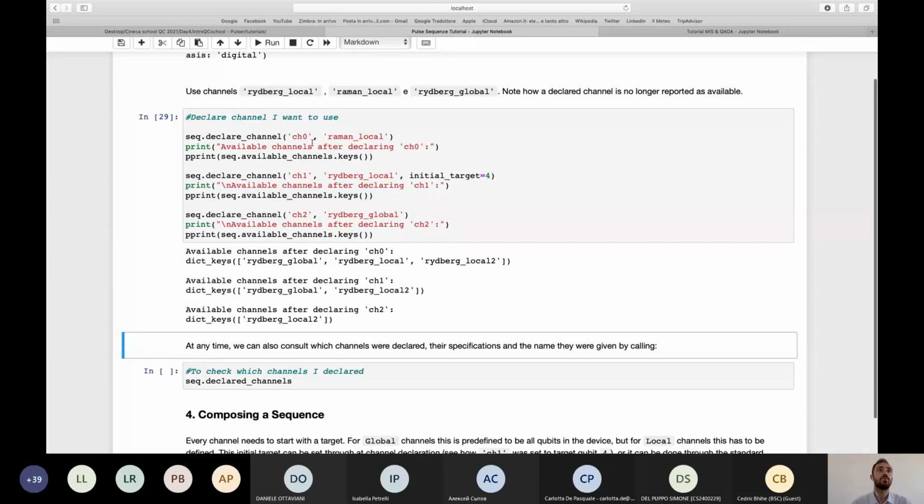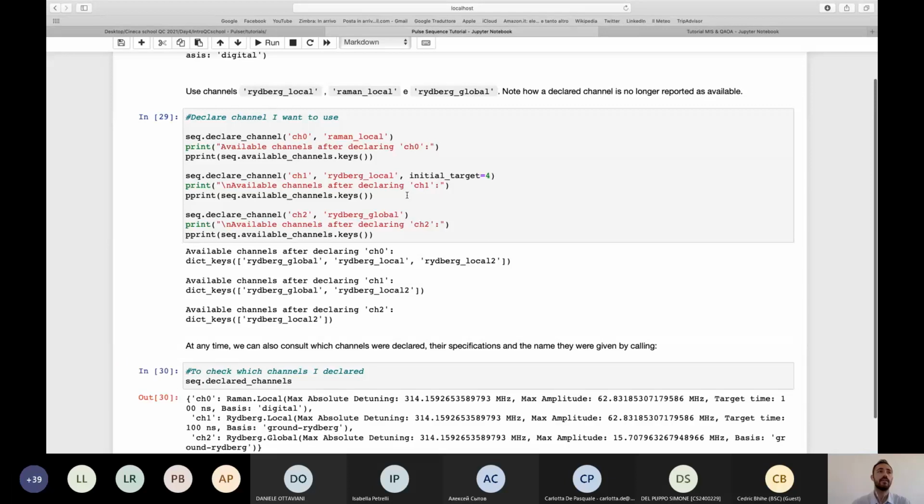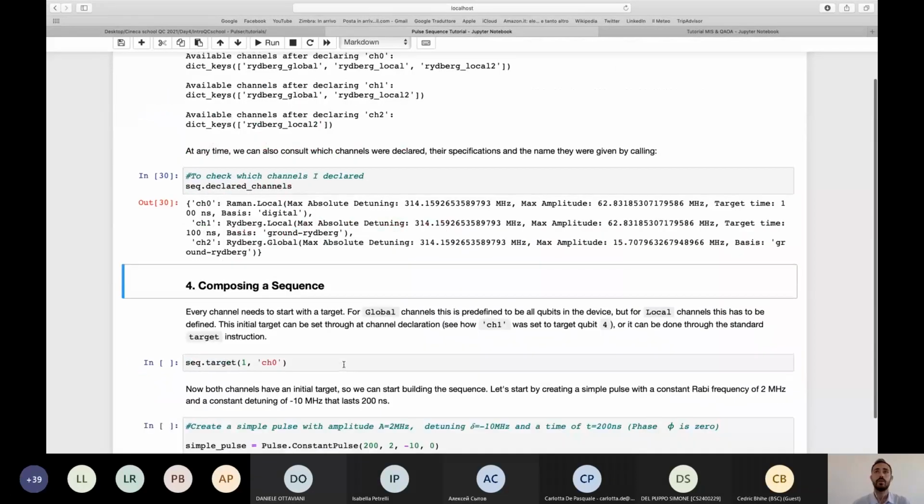So then I want channel 0 to be Raman local, I want channel 1 to be a Rydberg local, and I want channel 2 to be a Rydberg global. And here it tells you which are the available channels after you declared one. But anytime you can check, if you're not sure what you did. So channel 0 is local, channel 1 again is local, channel 2 is global.